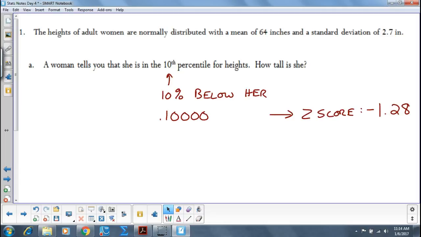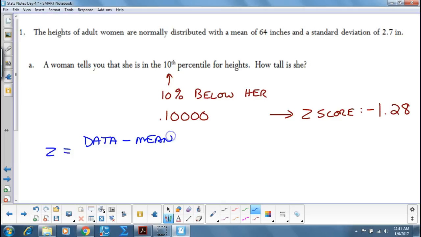Okay, all right. So now I can go to my z-score is equal to data minus mean over standard deviation.